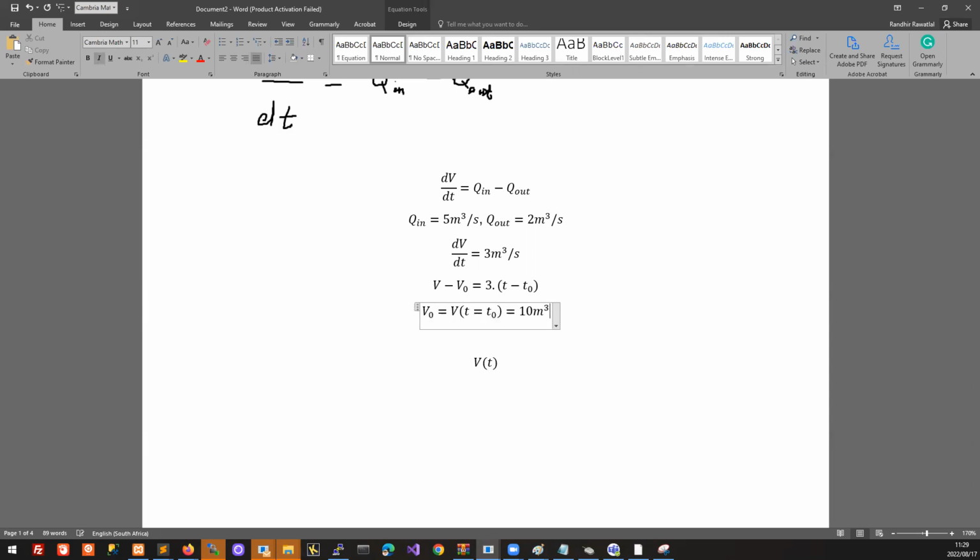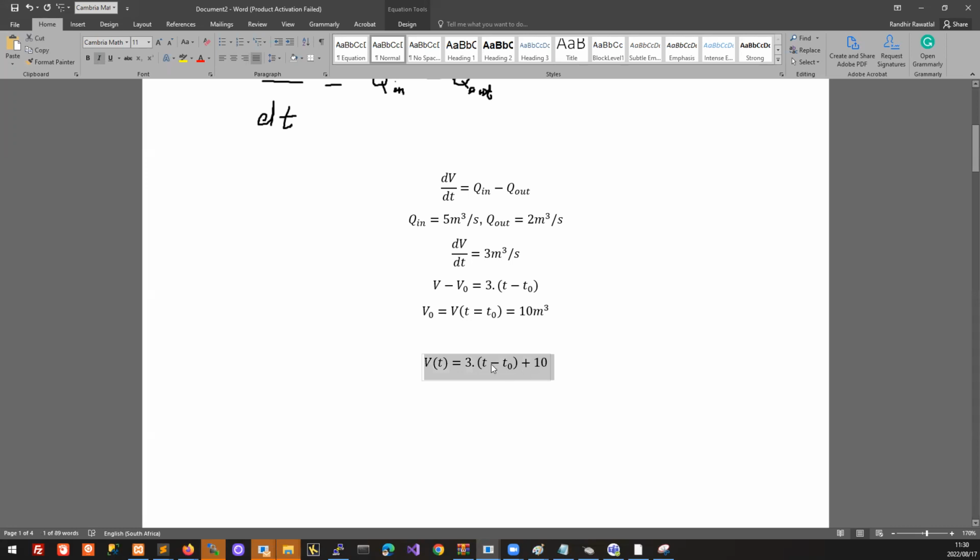So then we can say our solution to this equation, V of T, is going to be this plus V naught. Our volume as a function of time is equal to V naught, which is 10, plus this. So this is now a solution in a form where we can actually get the volume.